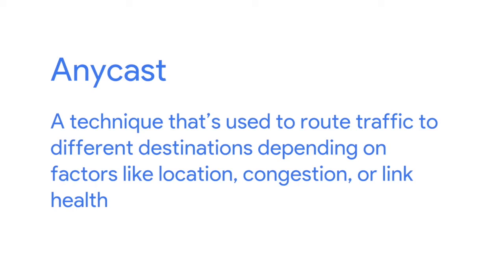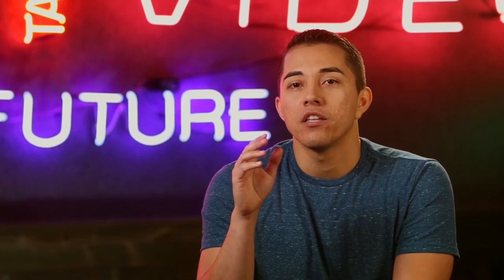Anycast is a technique that's used to route traffic to different destinations depending on factors like location, congestion, or link health. Using Anycast, a computer can send a datagram to a specific IP, but could see it routed to one of many different actual destinations depending on a few factors. This should also make it clear that there aren't really only 13 physical root name servers anymore. It's better to think of them as 13 authorities that provide root name lookups as a service.